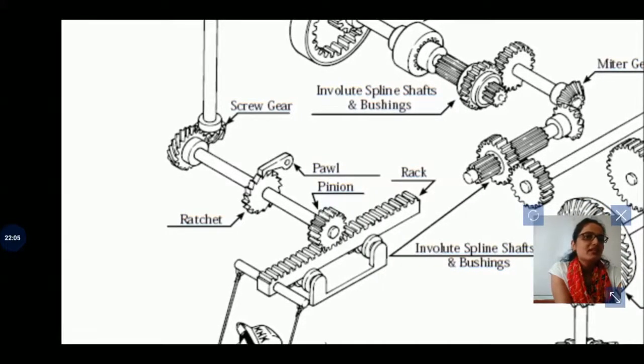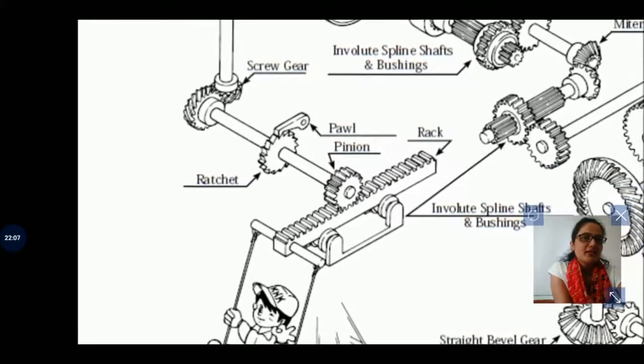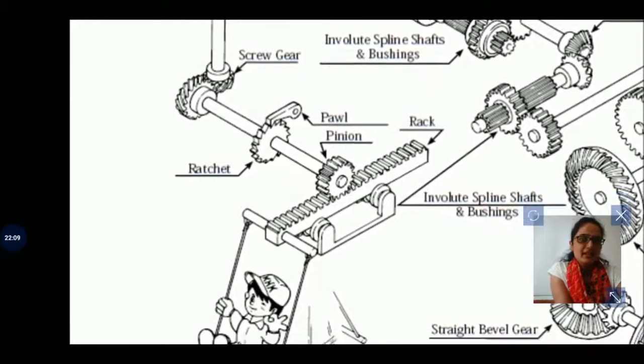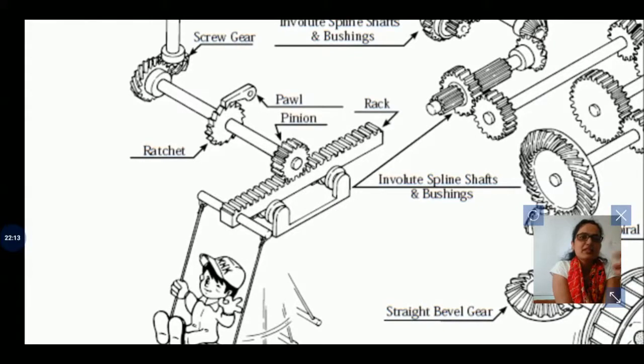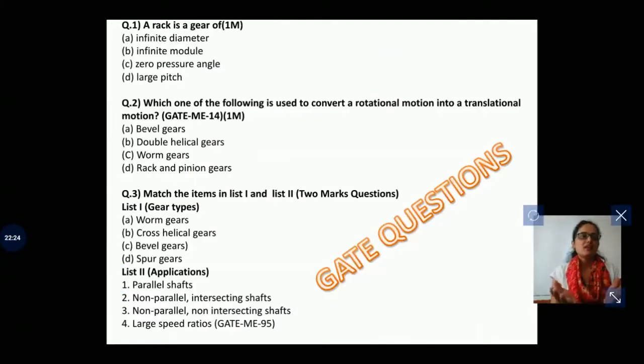They are same handed and used at 90-degree angle. Then rack and pinion. The rotary motion of the pinion is translated into linear motion of the rack. Okay guys, here we finish with the classification or types of the gear.